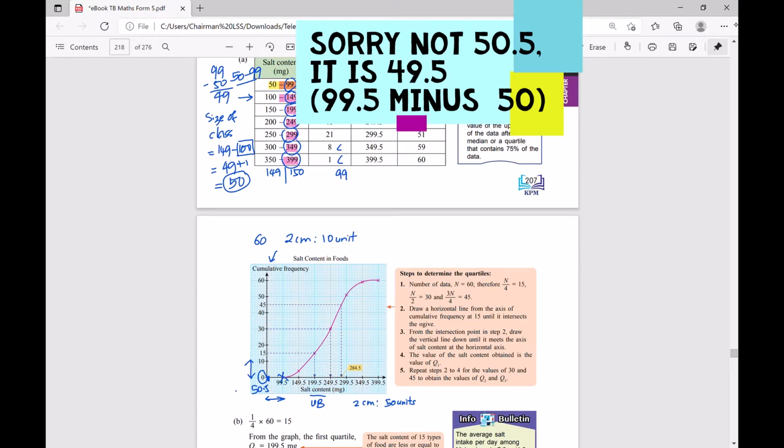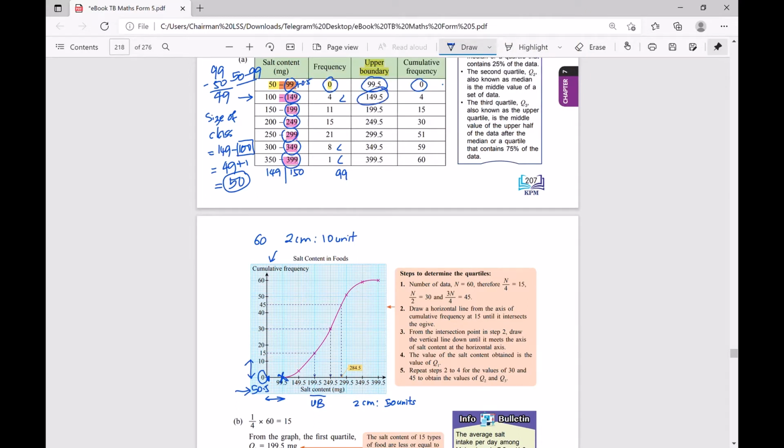You don't have to write this, as long as you start with the first upper boundary with the 0 frequency. And then next is 149, with your cumulative frequency of 4. So you mark all these. This should not be a big problem for you. And then you just draw your graph, a smooth one.